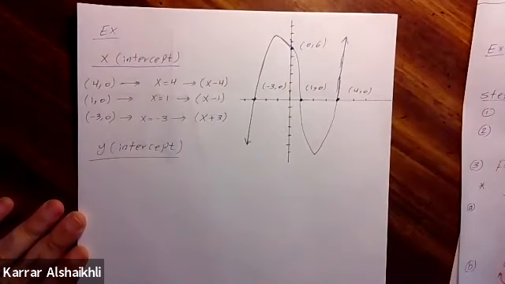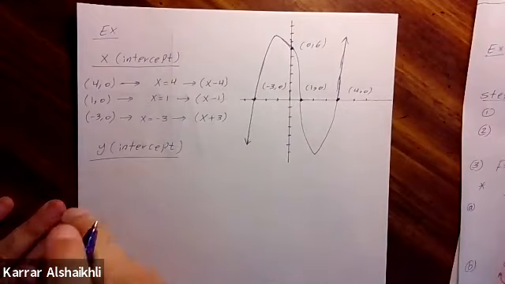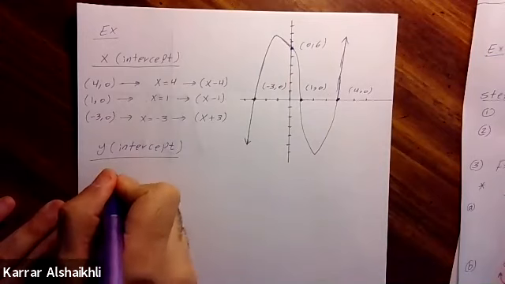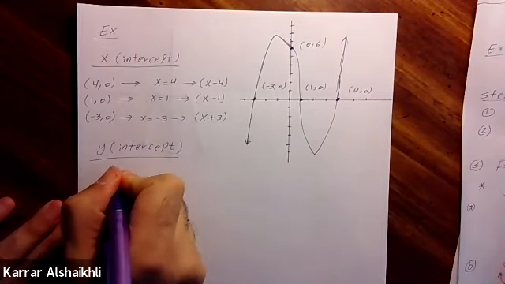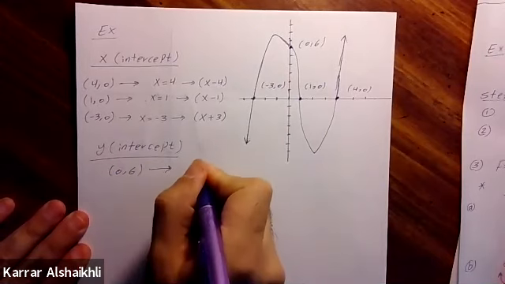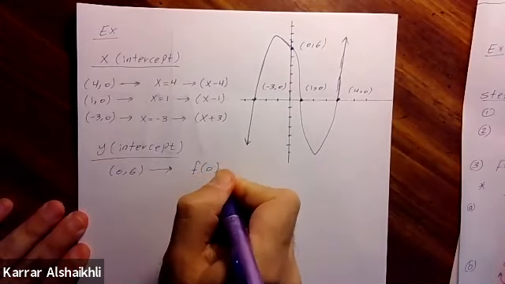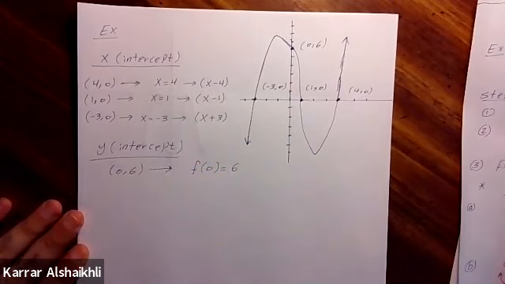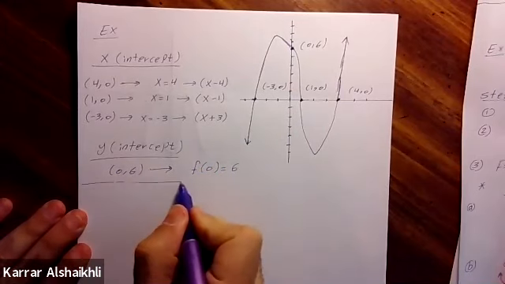So I have only one y-intercept. That means the point is (0, 6). That means f(0) equals 6. I'm done with the y-intercept.